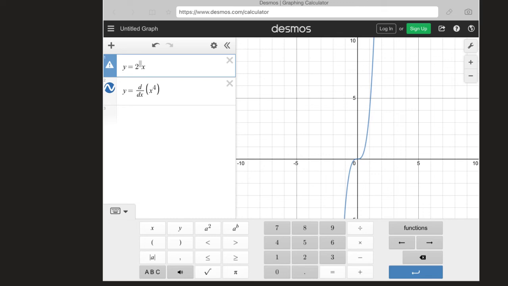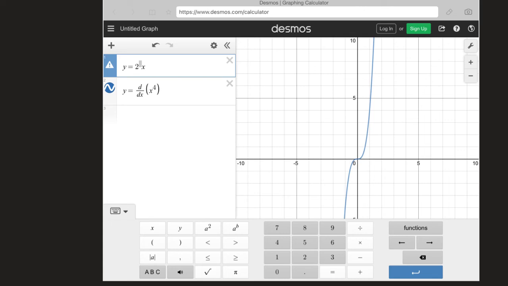Ooh, now I take a look. Those curves are almost the same. They're almost identical. Now, if I zoom in a little bit, I notice that they're not the same, that actually my blue graph is above my red one.